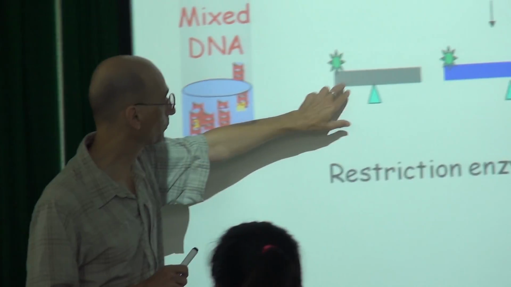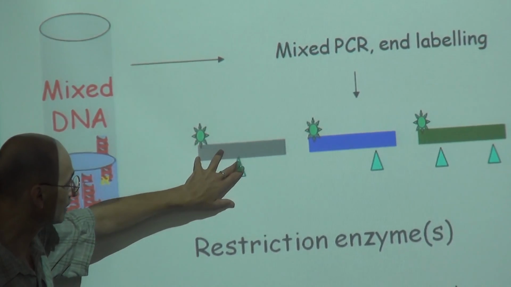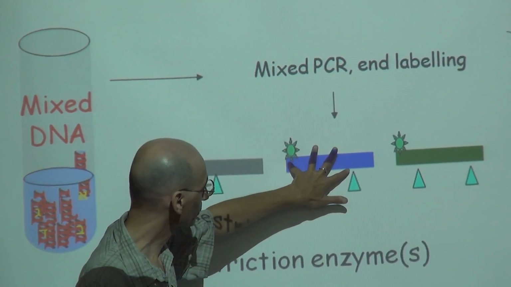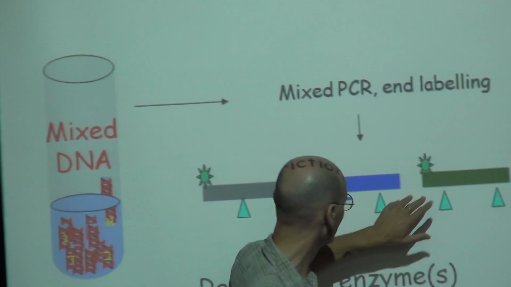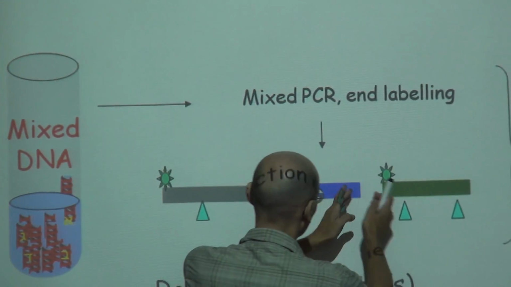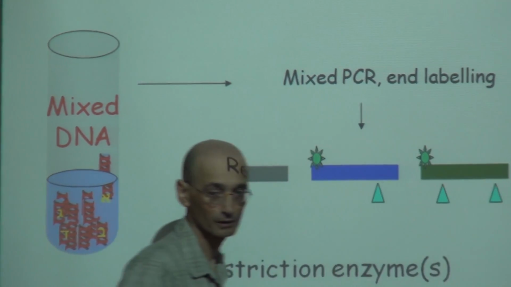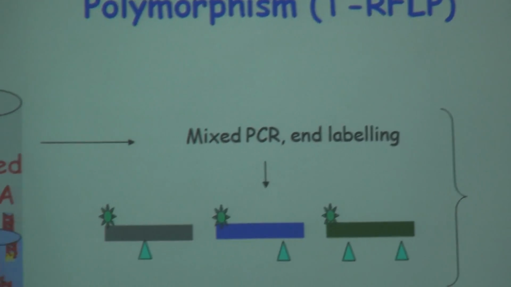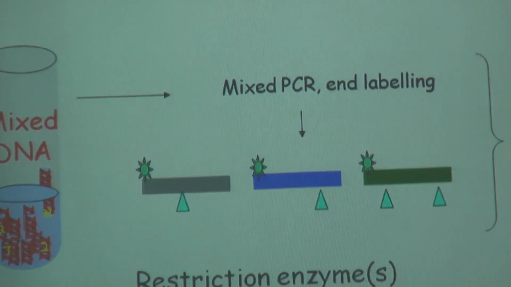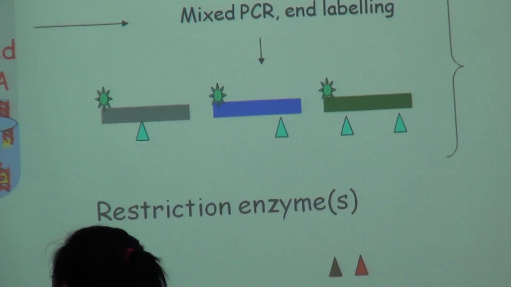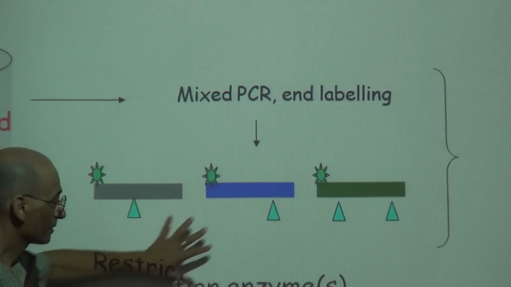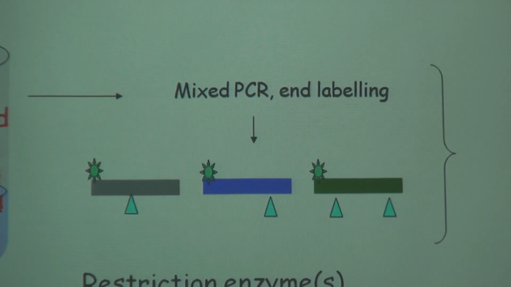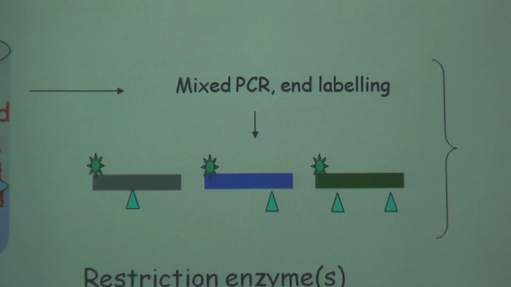Okay, so you end up, for instance, here with a product which is this size, here you end up with a product which is this size, and here you end up with two products, or three products. Okay, two products, 1 and 2, 1 and 2, 1, 2, and 3. Okay. Thì vậy trong trường hợp này mình sẽ có những cái sản phẩm có kích thước khác nhau và những cái số lượng khác nhau. Then you take this digestion and you run it on a gel.